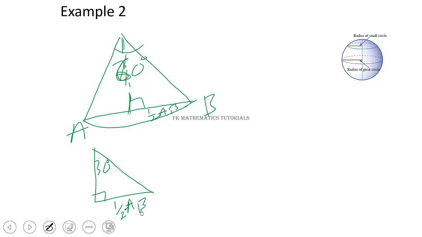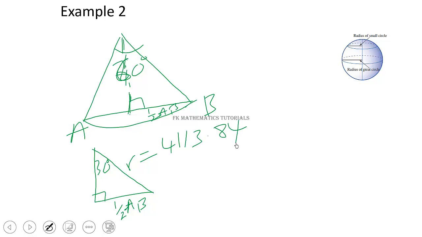So we want to find this distance, and we know r already to be equal to 4113.84.